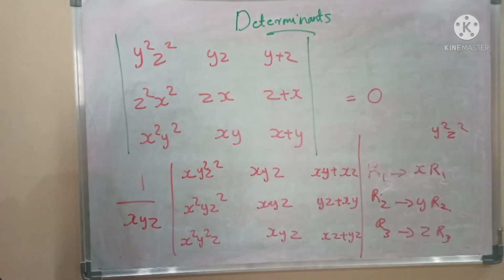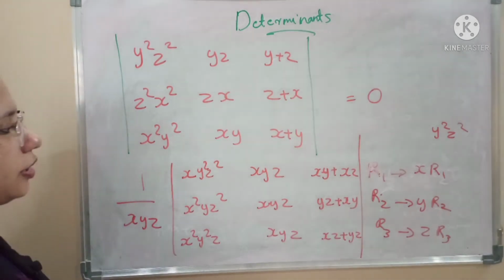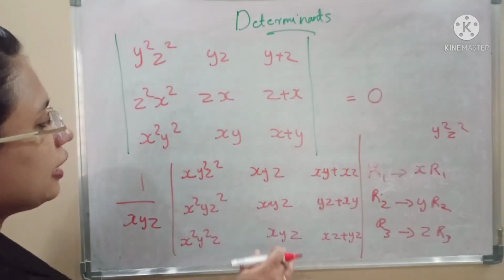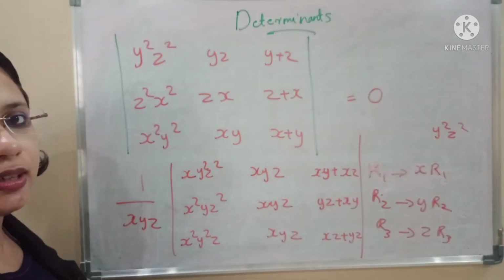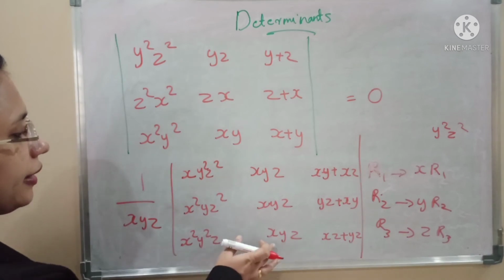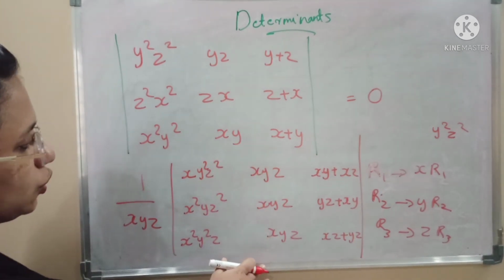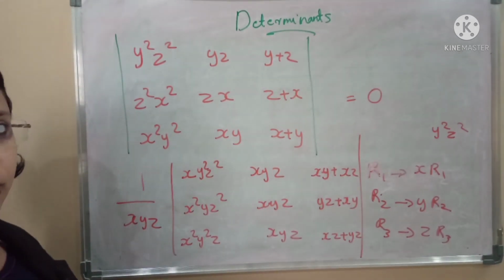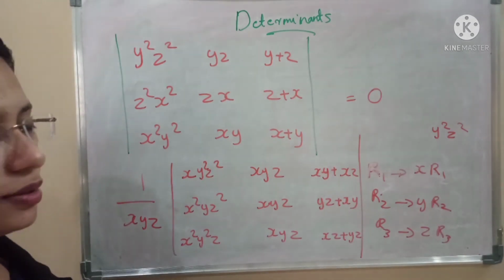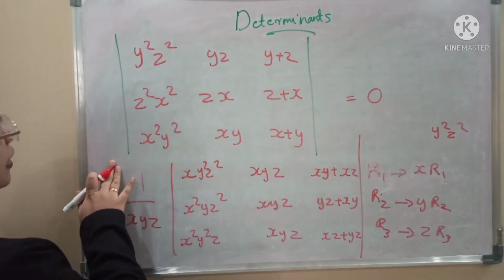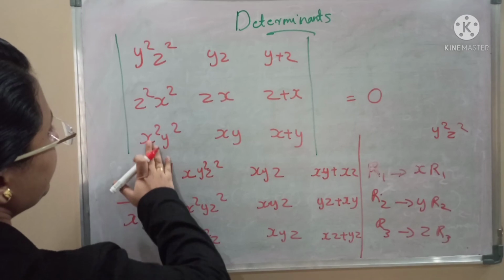Okay, that is also fine. Now see, you can take xyz outside, right? You can take xyz from r2 as well as c1, because in both we have xyz. Okay, so that is our next step.